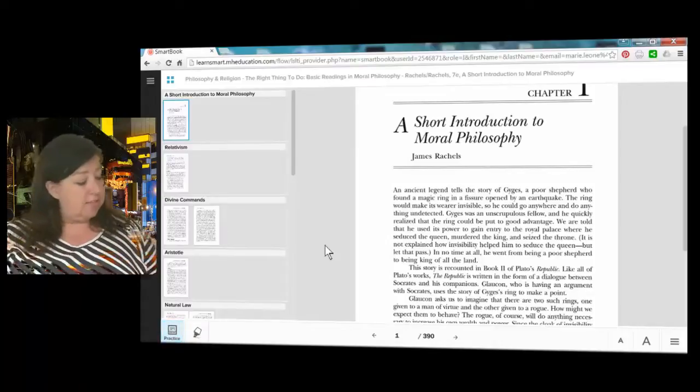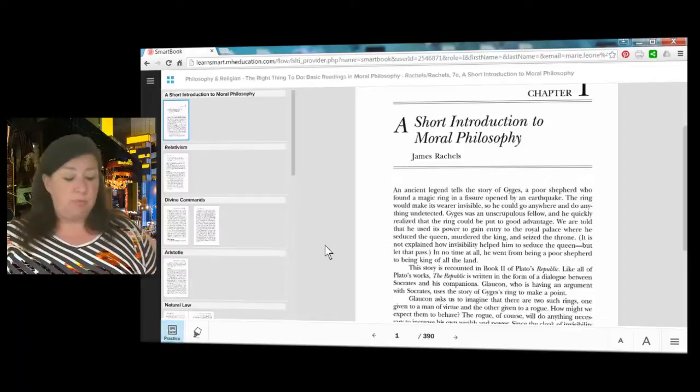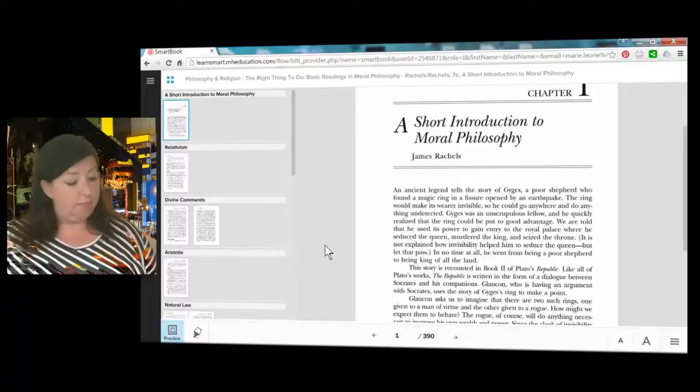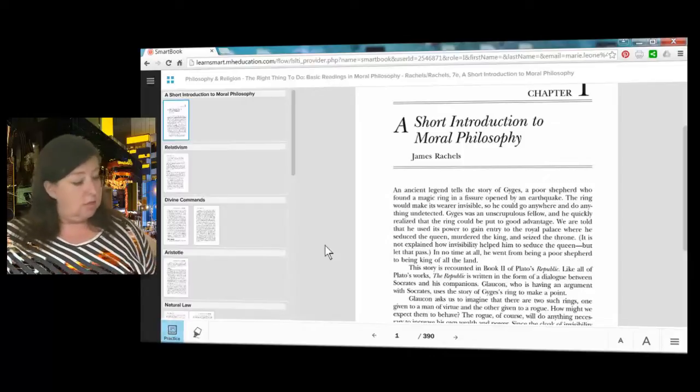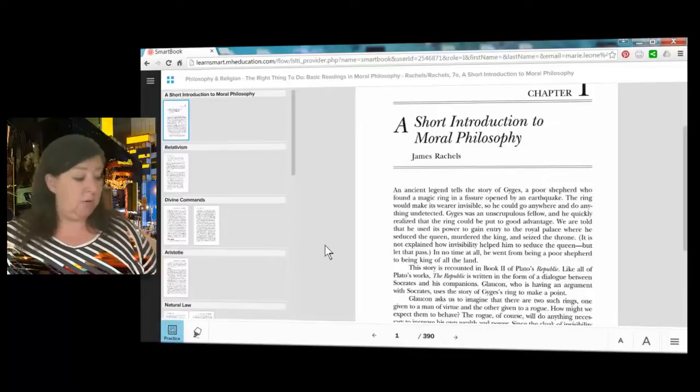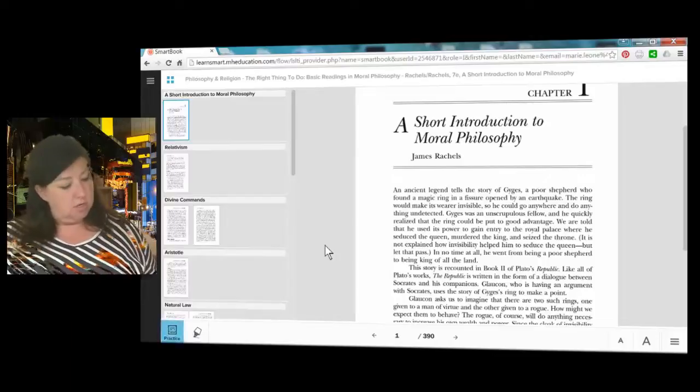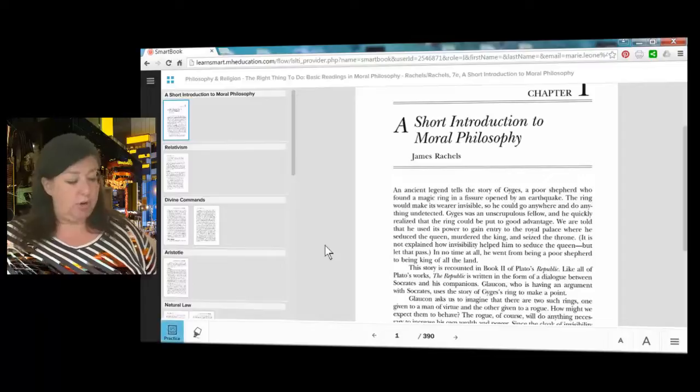The text discusses relativism, cultural relativism, divine command theory, virtue ethics, natural law, the social contract, altruism versus egoism or self-interest, utilitarianism, and then gets into Kant, which is deontological moral structure, or principles in short.